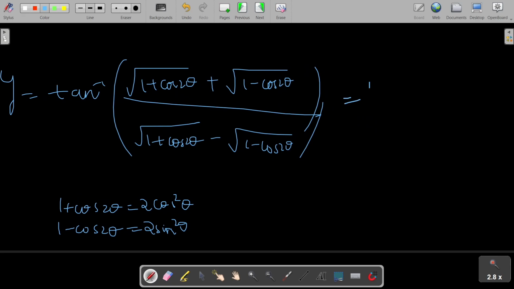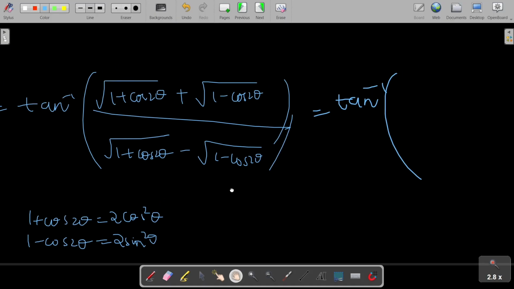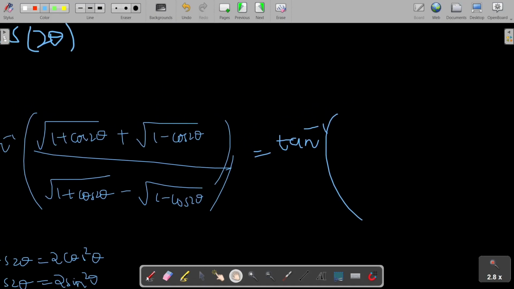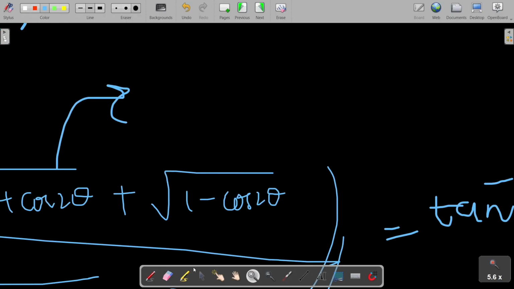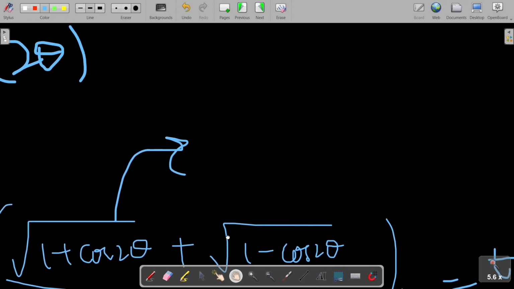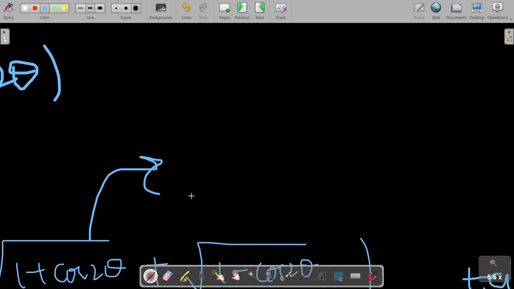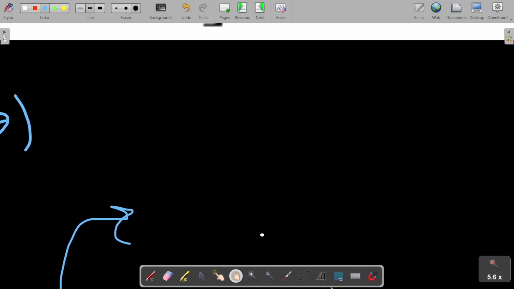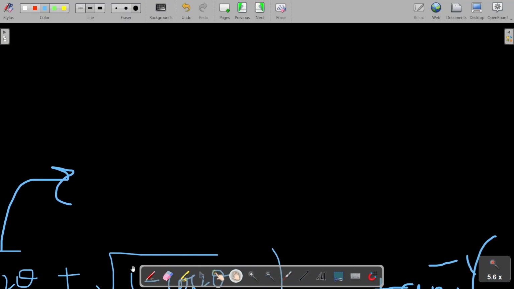So let's do that. We have tan inverse of. I'm going to simplify the argument first without writing it again and again.